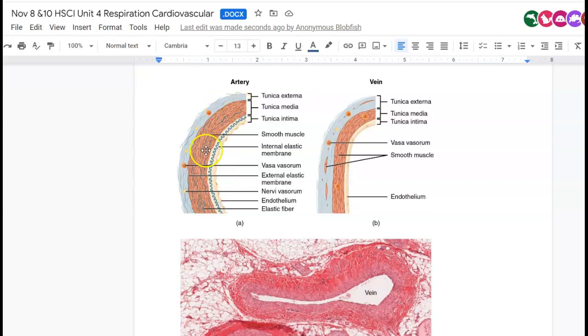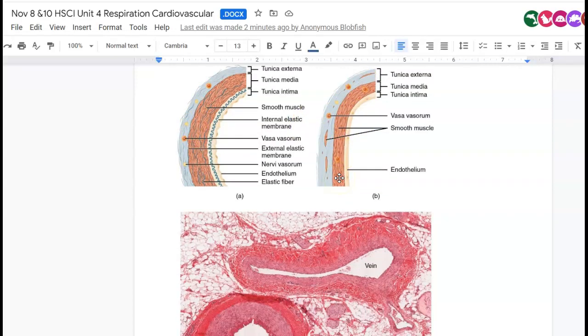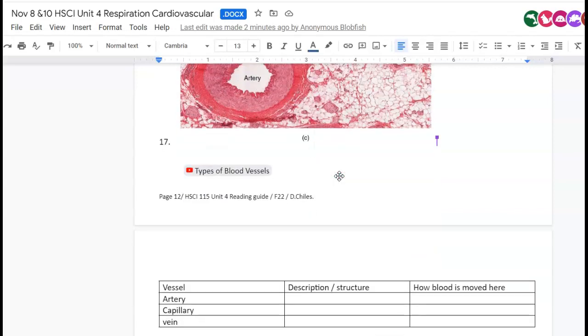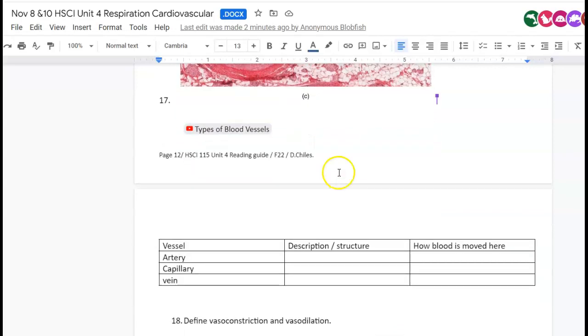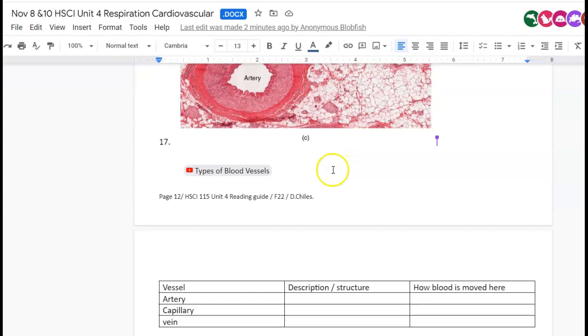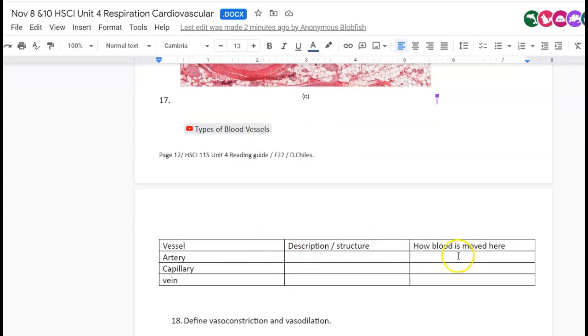The middle layer is muscles, and you will see that the artery has more muscle than the vein. And the external layer, there's a little more of it on the vein, and it's a little looser. Okay? So that has to do with the structure. Now, I'm going to show you this video also, and fill in again the structure and how the blood moves in it.